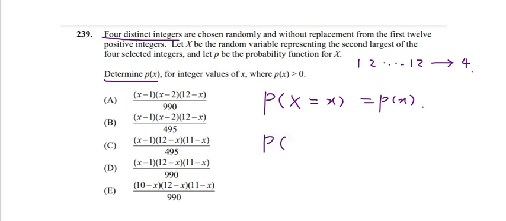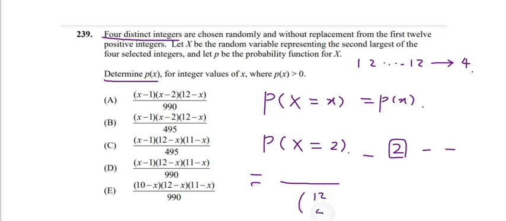So let's see how to find the probability that x equals 2. What does this mean? It means 2 is the second largest number, so here there should be one number, then here we should pick another two numbers, right? Totally, we just pick 4 randomly from 12.